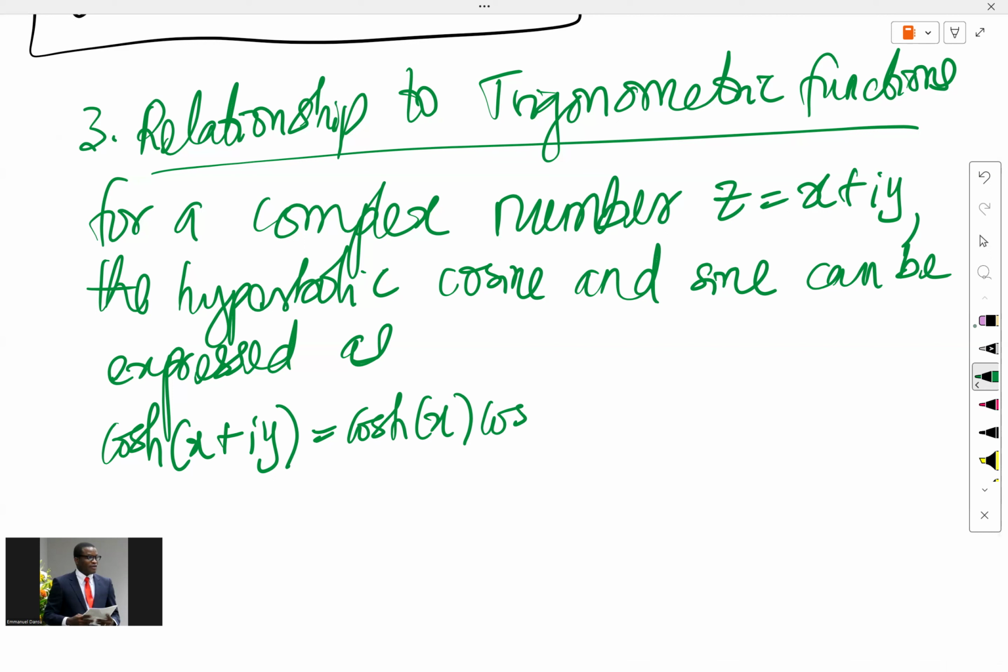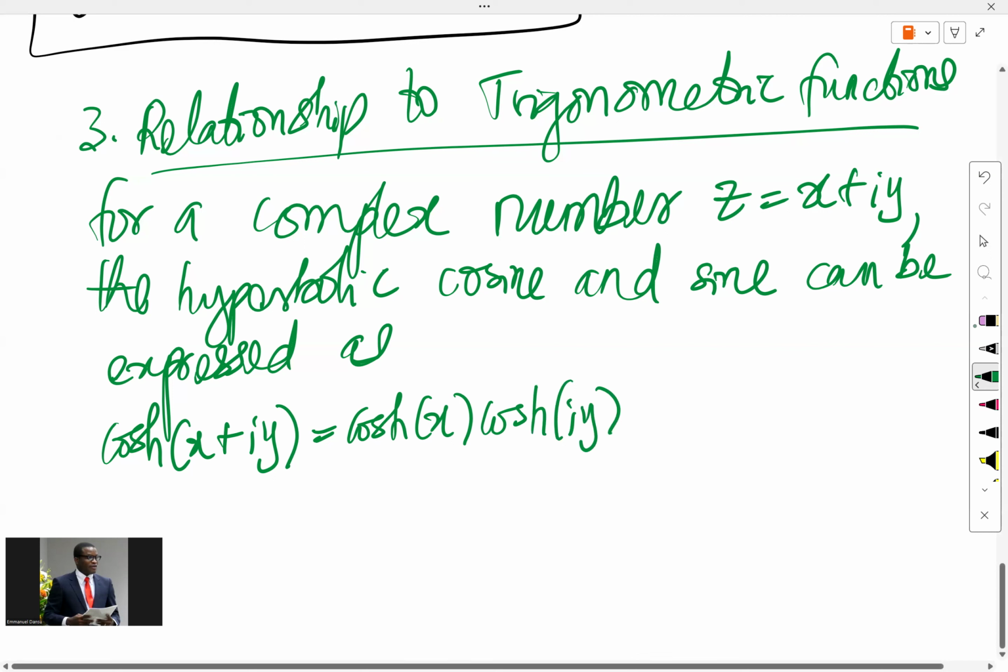Let me just do it the way it should be, then we'll simplify it. So this is cos x cos iy normally, right? Plus sin x sin iy. That is what that is like.